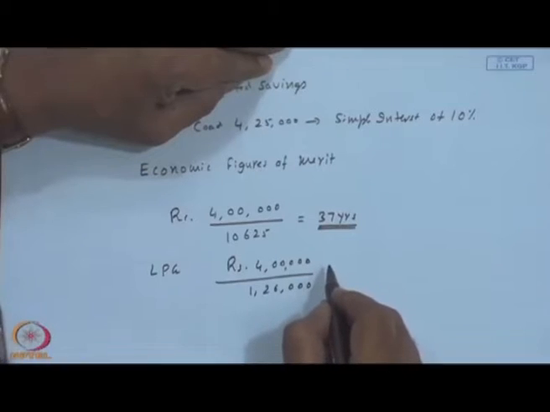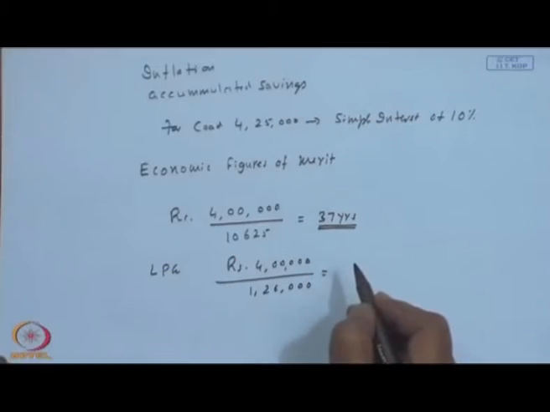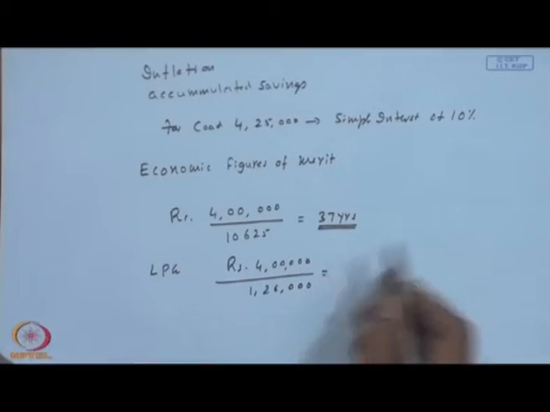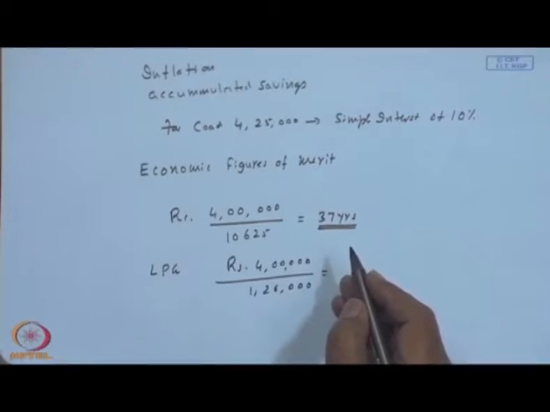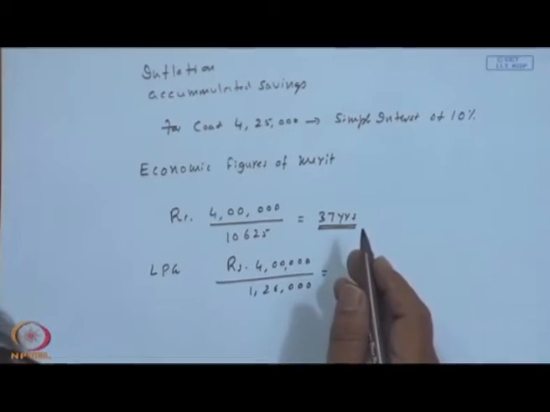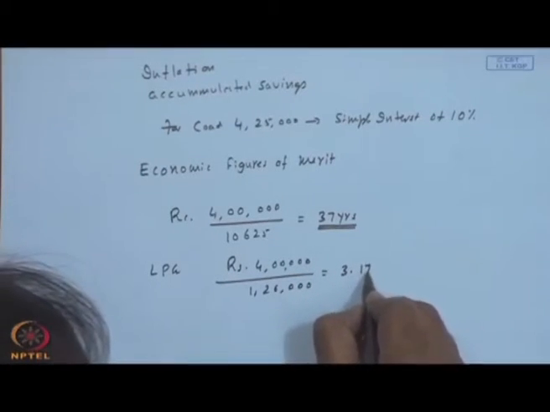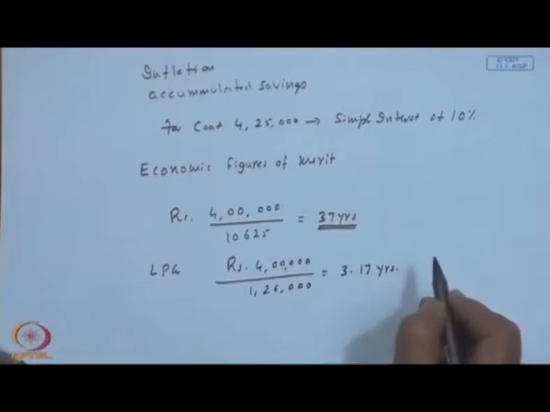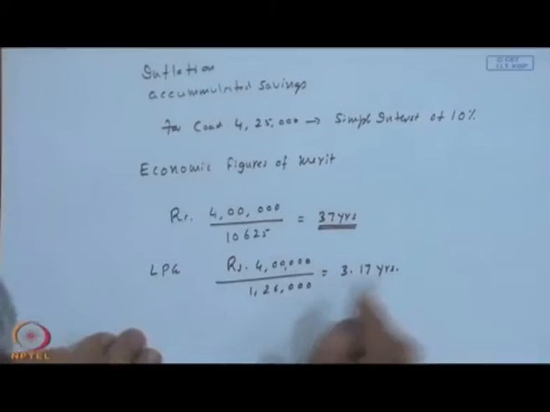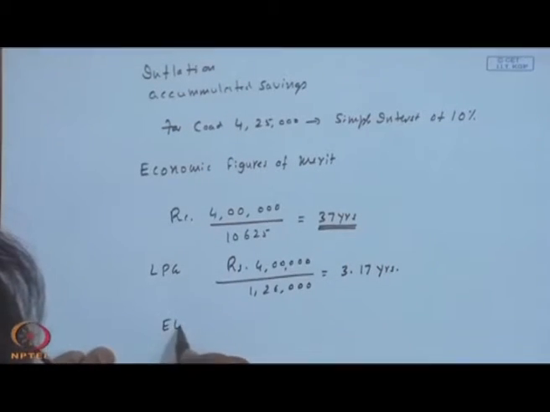The ratios seem to be correct, because the price of 1 kg is 35 and the calorific value is higher. So, this comes down to a drastically low 3.17 years, and compare it to electricity.